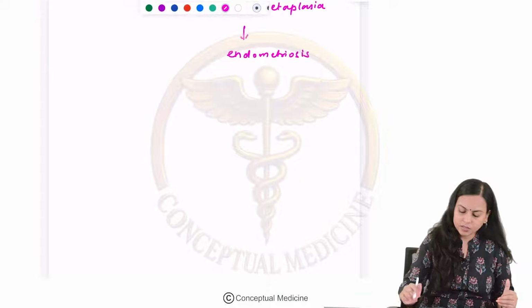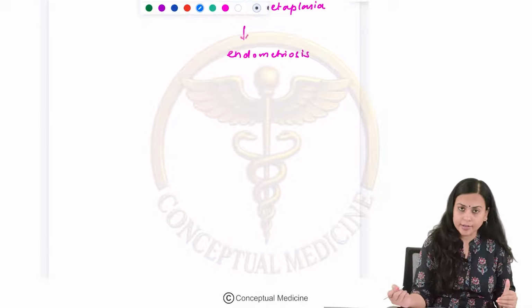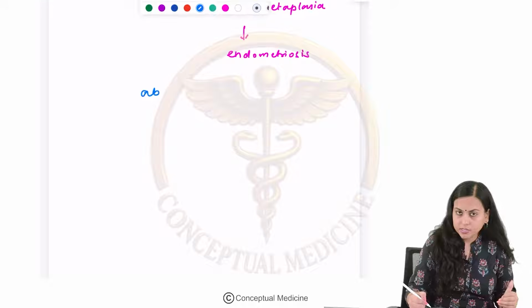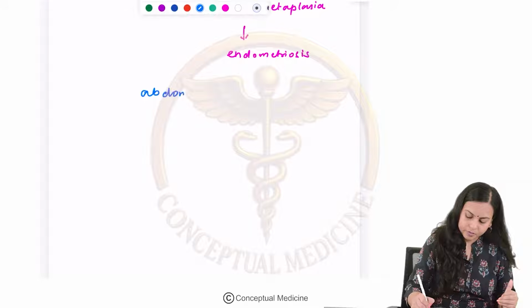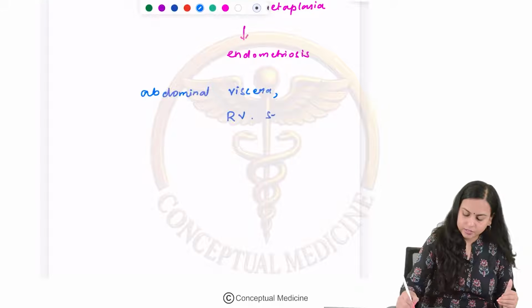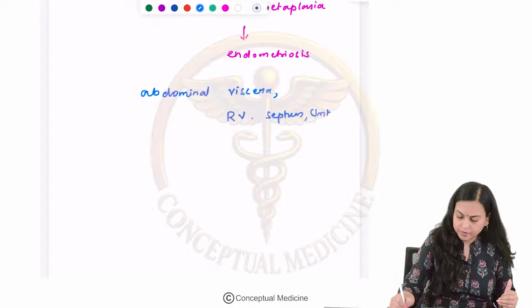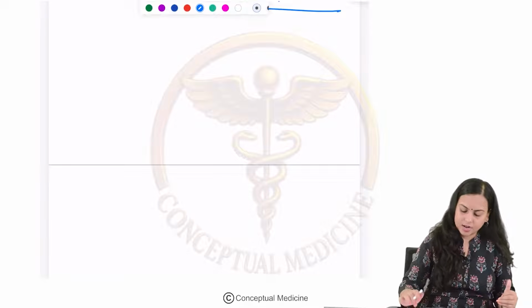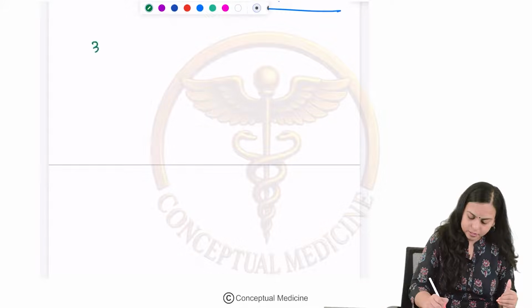Clear? Now, this concept is going to explain the endometriosis that is occurring on the abdominal viscera, rectovaginal septum and the umbilicus. Clear? Yes.